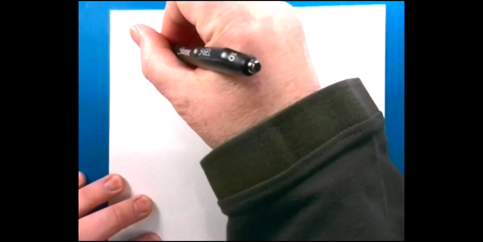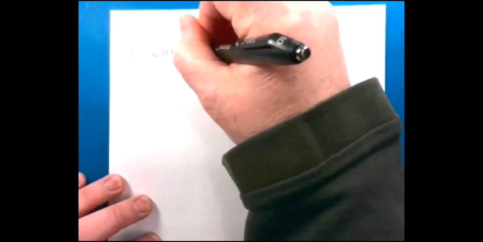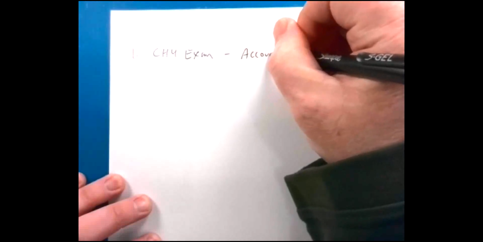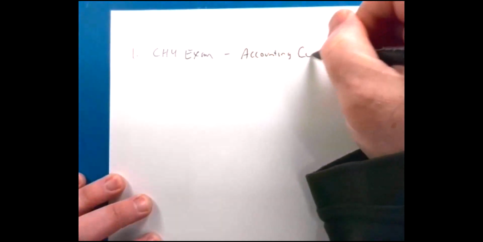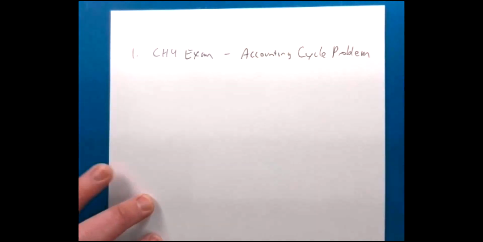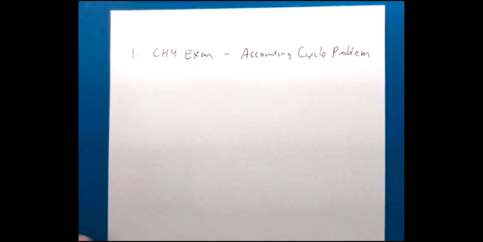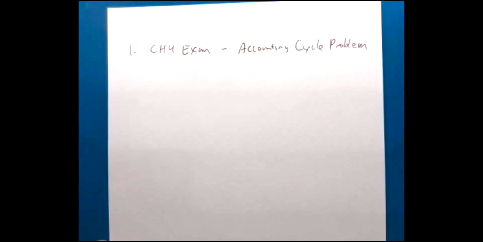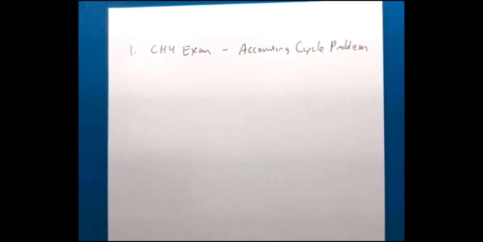Okay, when that's over, then we're going to do the accounting cycle problem. And again, my real aim in that is to give more practice on it, and it helps get familiar with T accounts and all that kind of stuff.